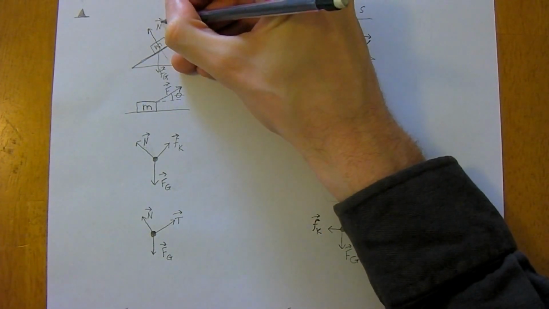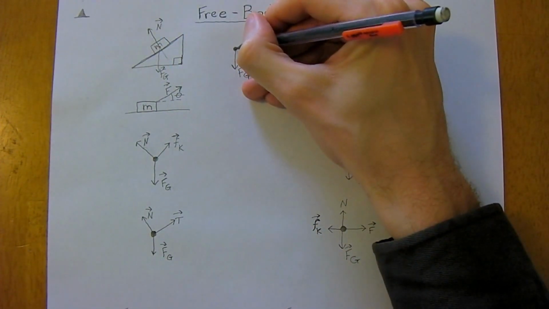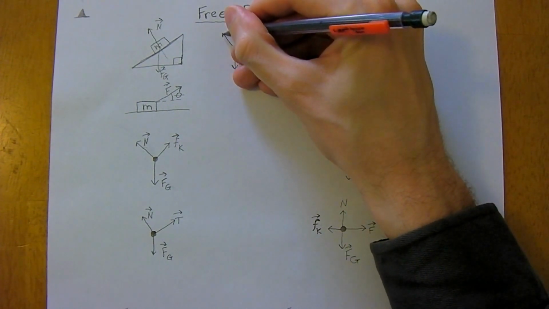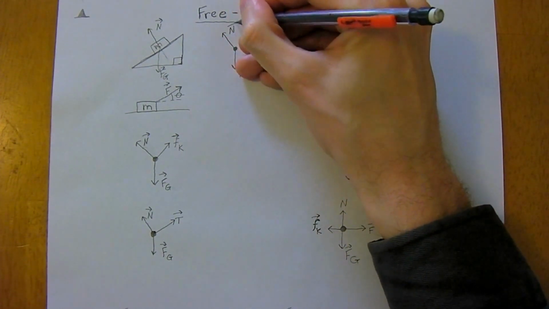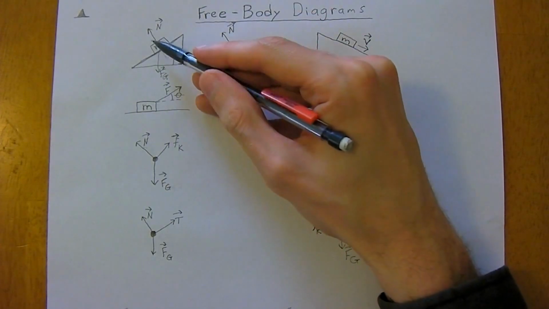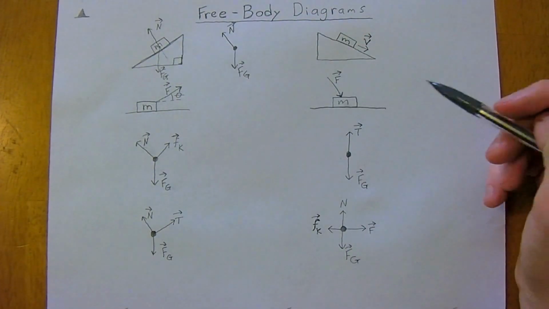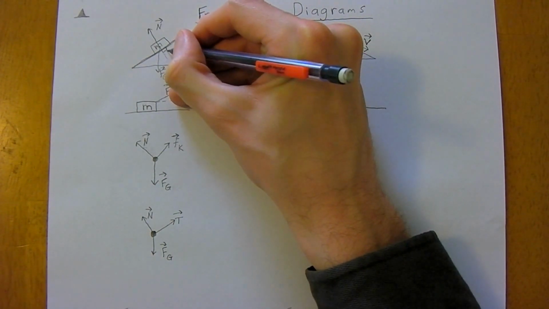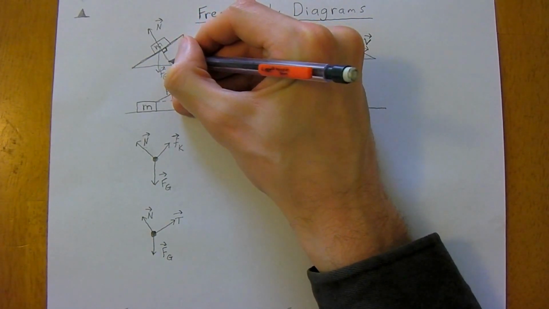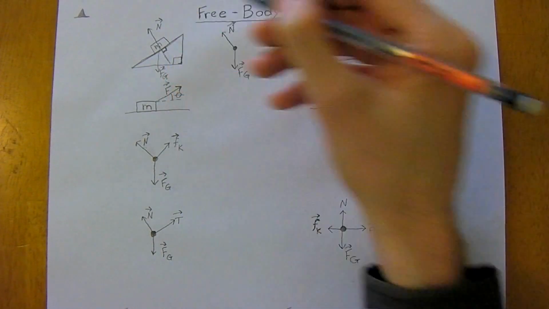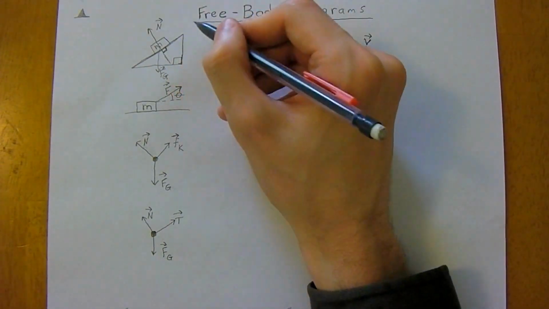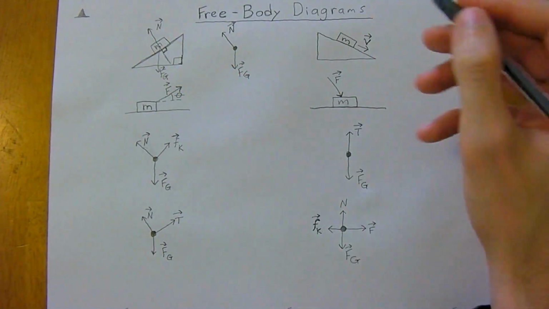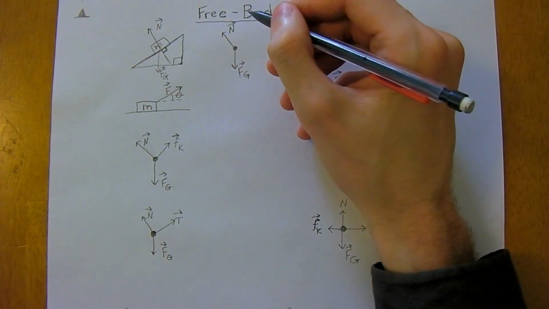And the normal force is a very common one because it needs to counteract a lot of the force of gravity pulling down. And so the normal is always just perpendicular, so at 90 degrees to your surface. And then we have a few other forces here acting on this object.